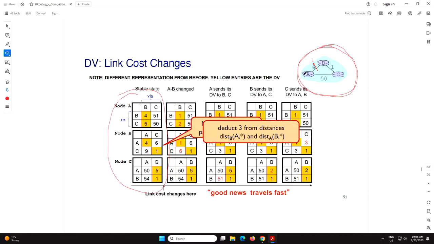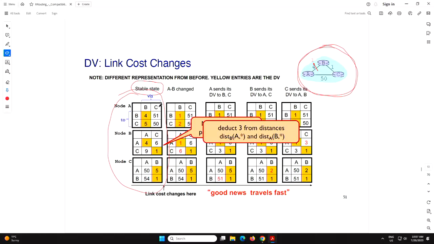So this is for node A. So node A should have entries for B and C, because both of them are its neighbors. So this is the stable state, right, in the beginning when the cost was 4. So node A is saying that I can go to B, and the direct cost is 4. So this is how it will go.